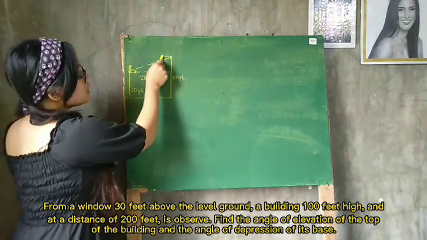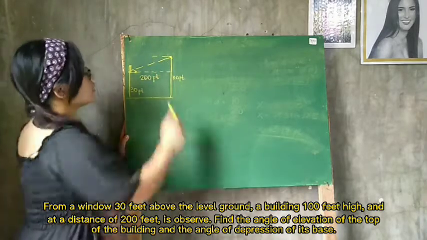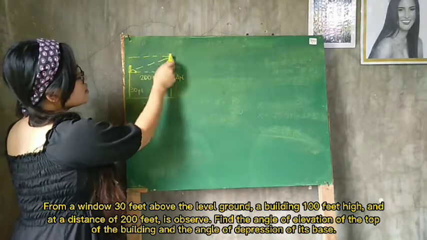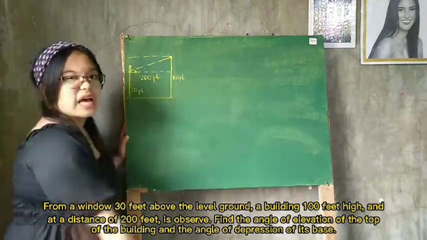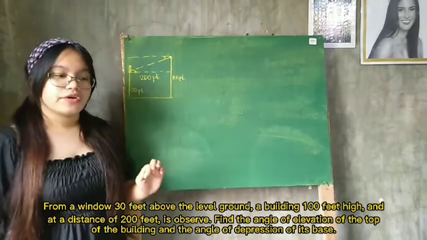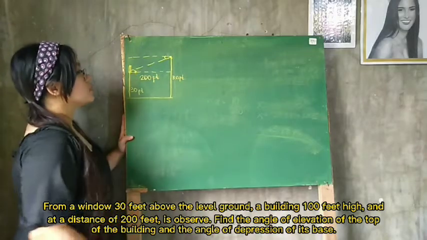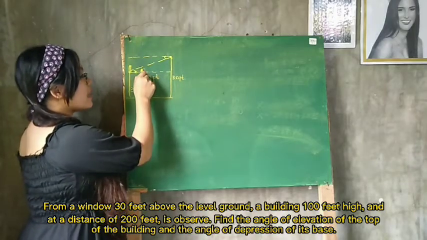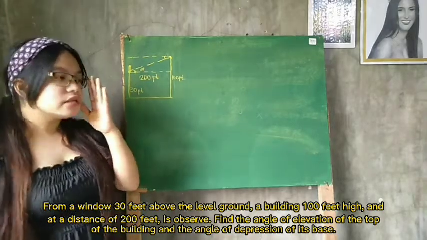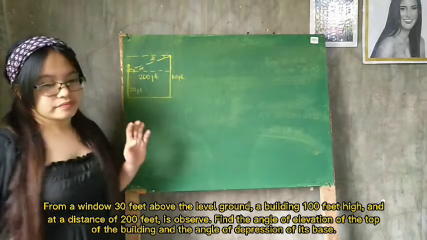While for the angle of depression, if the person is here, the line of sight is this horizontal line, and you look down, so this angle is the angle of depression. Let's label the angle of elevation as angle A or alpha, and the angle of depression as angle B or beta.